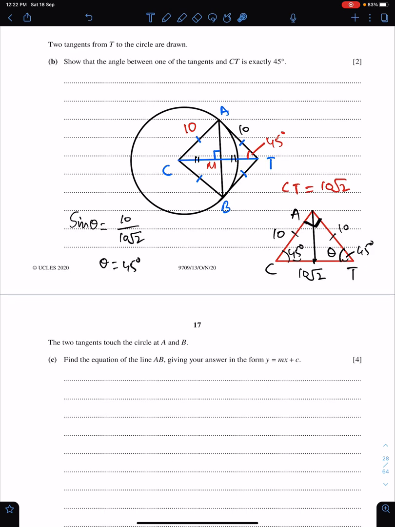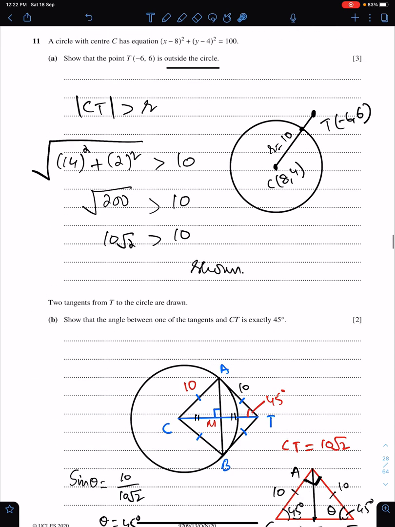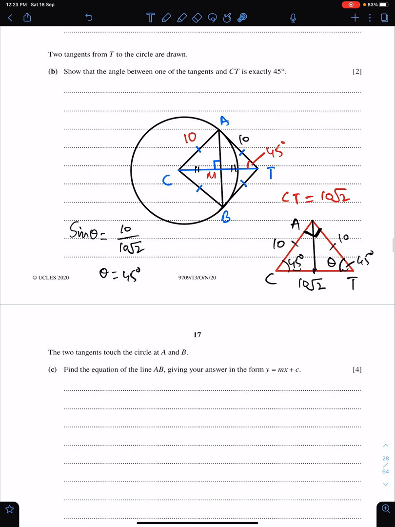See, the two tangents touch the circle at A and B. This is the first tangent, this is the second tangent, and they touch the circle at A and B. And this is the midpoint of AB. The midpoint of CT is the midpoint of AB.